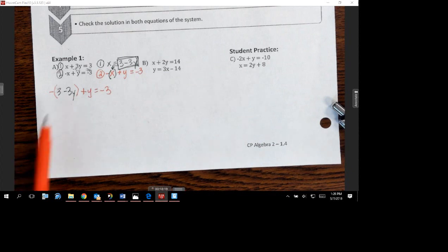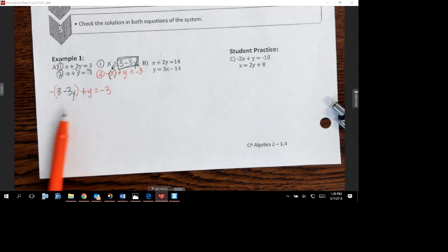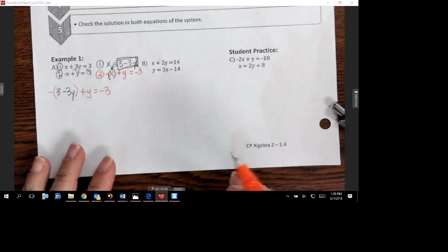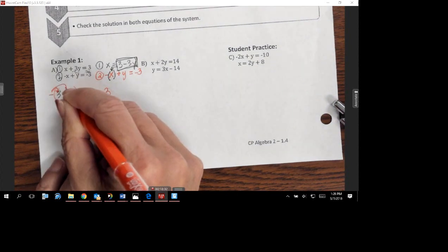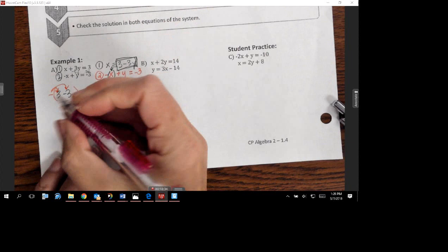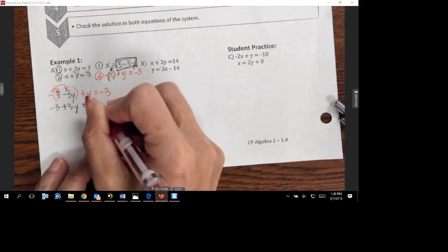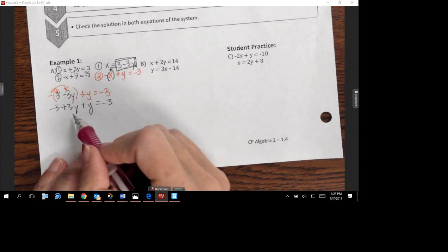Once you do that, if you did it correctly, there should just be y's left, and we can solve for y. We only have one variable, so we can solve for y. So we just have to remember order of operations and how we solve. We're going to distribute this negative. Negative 3 plus 3y plus 1y equals negative 3. And I will combine like terms.